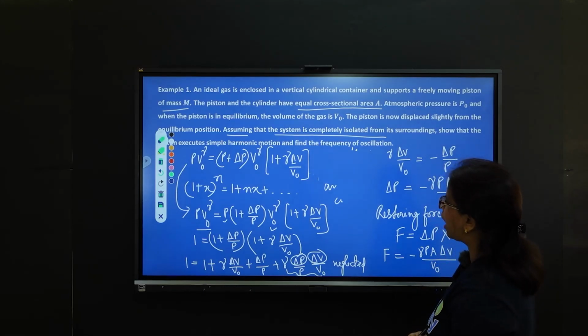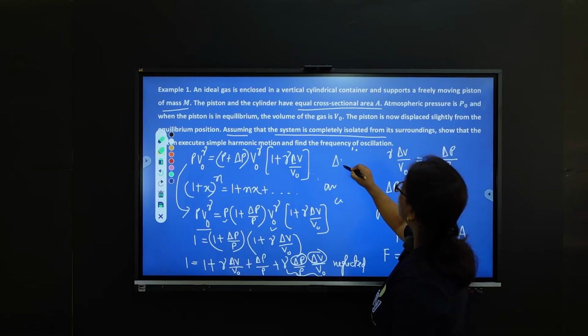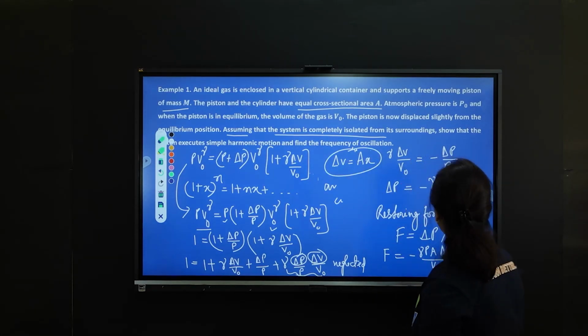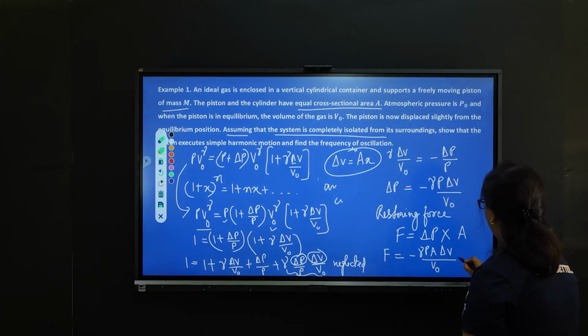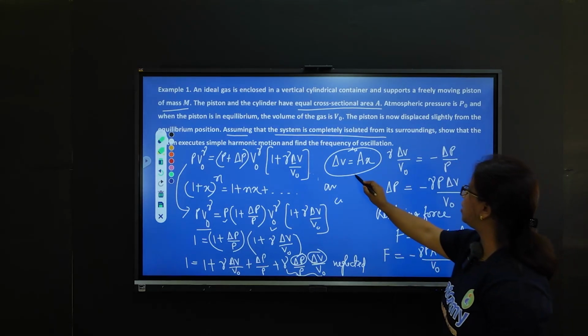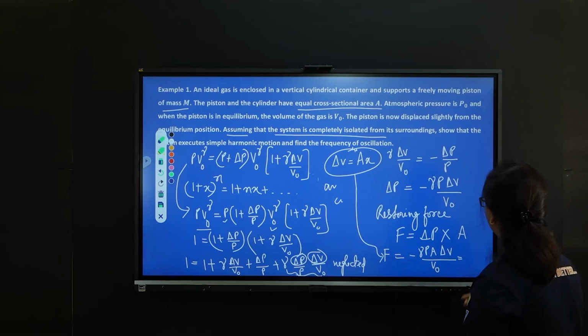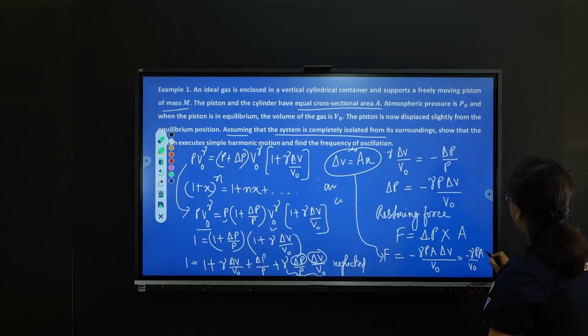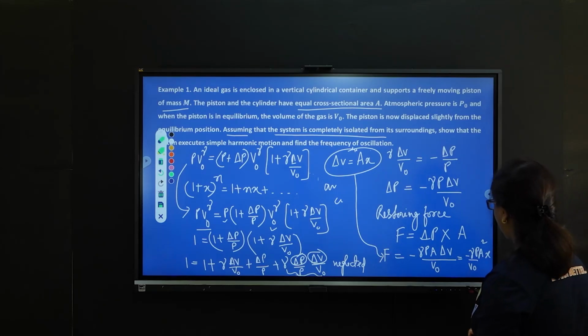Now, we knew that delta V was equal to A times X. Let's use that here. Putting this value of delta V in this relation, we have minus gamma P by V naught, and delta V is nothing but AX. We have A square coming here and an X.